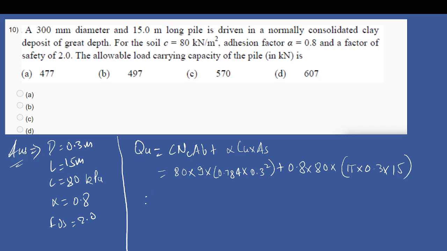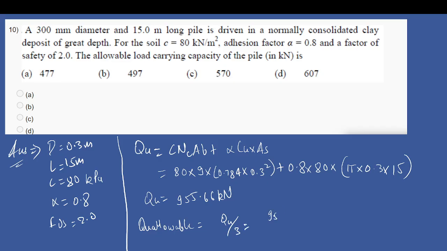So if I evaluate Qu, it is 955.66 kilonewton. And your Q allowable will be Qu by 3, right?